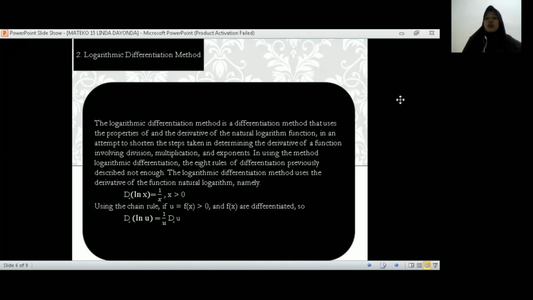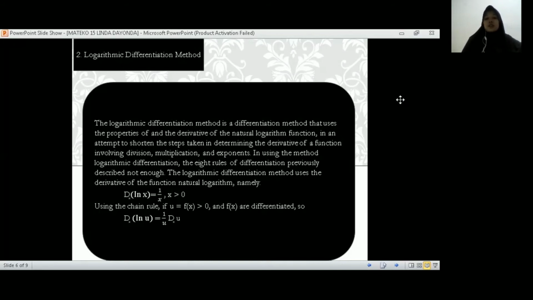In using this method, the eight rules of differentiation previously described are not enough. The method uses the derivative of the natural logarithm function, namely d/dx ln x = 1/x, x greater than 0.